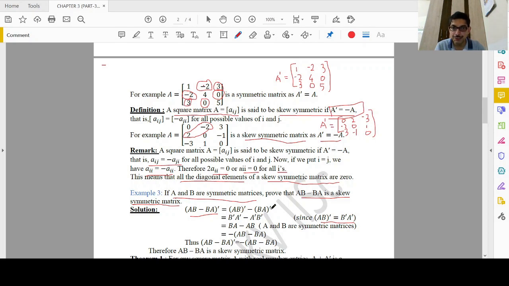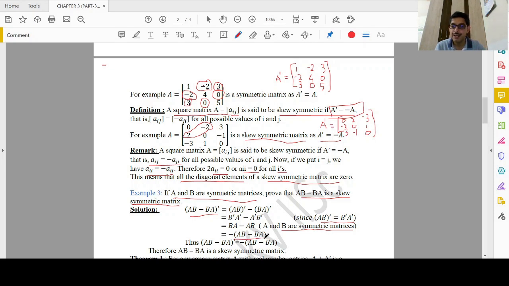Similarly, BA whole transpose is equal to A transpose B transpose. But given that A and B are symmetric matrices, B dash equal to B and A dash equal to A, that is substituted here. So this will become BA minus AB. Now if you take negative outside, it will become minus of AB minus BA.